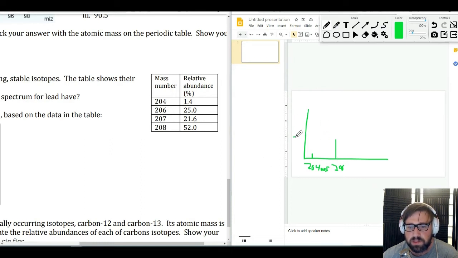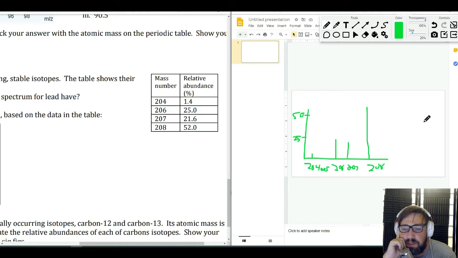So we know that this is going to be 25, and I'm going to call this 50. And for 207, this is 21%, so a little bit lower. And 208 is going to be 52, so a little bit above 50. And this here is your mass spectrum for zirconium. Oh no, lead. This is lead. There's that. Okay.